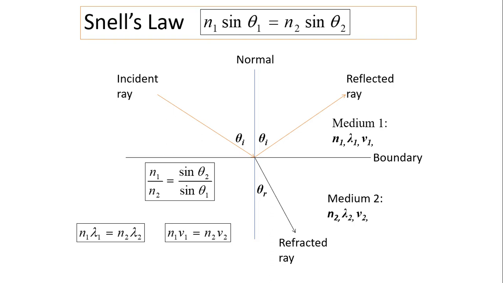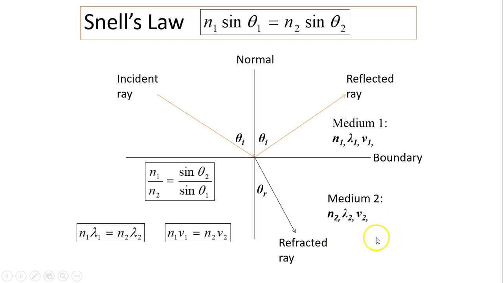So here is Snell's law with a diagram. The medium where the incident ray enters we usually call medium 1, and the ray goes into another medium that's called medium 2.